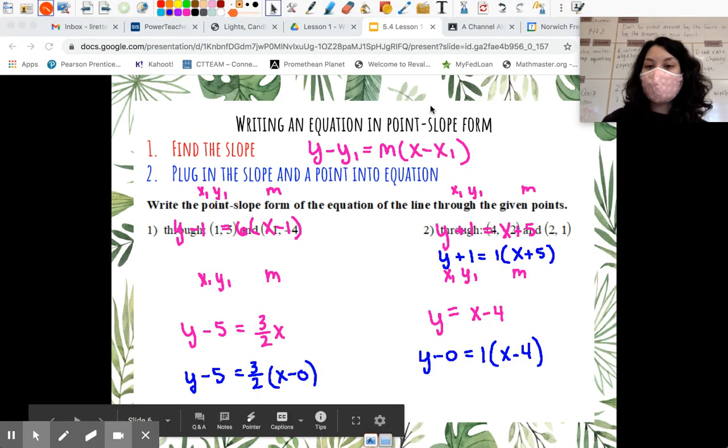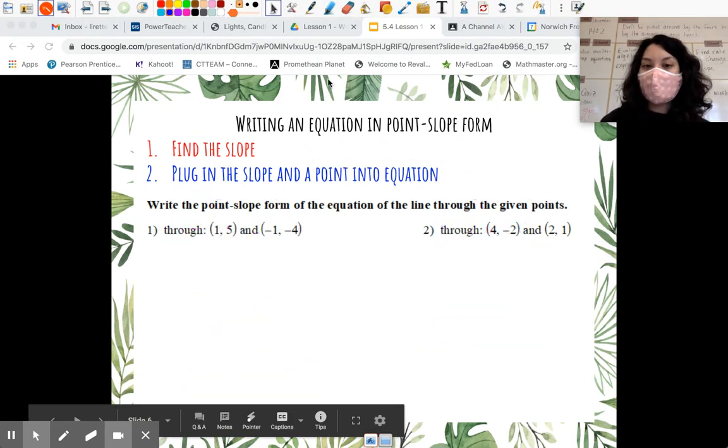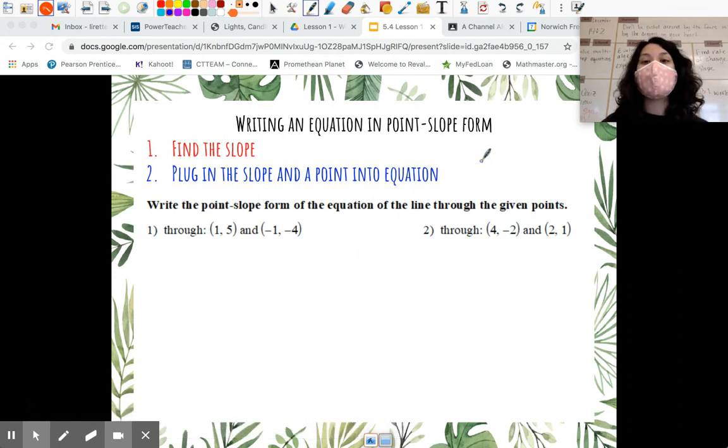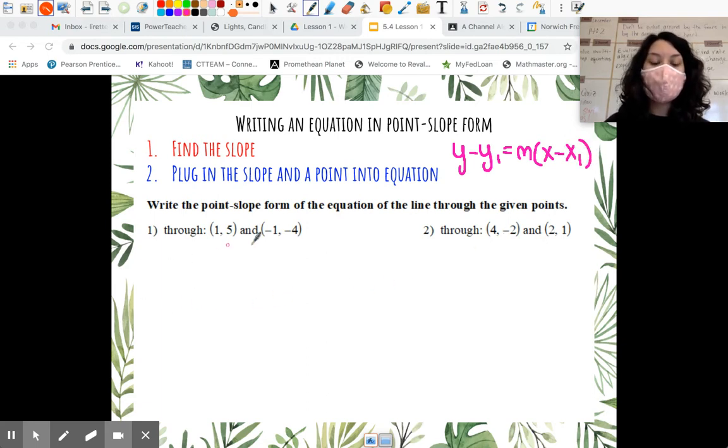Okay, so before we can write our equations, we should start by writing the general equation somewhere so we can reference it. You want to rewrite it over and over until you have it memorized. The equation for a line in point-slope form is y minus y1 equals m, parentheses, x minus x1, close parentheses.